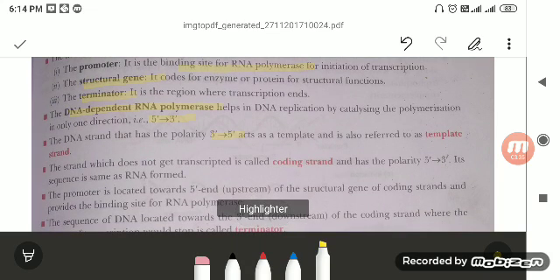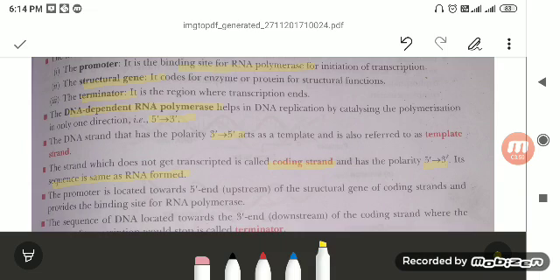And opposite to that, the strand which is not transcribed is known as the coding strand and has a polarity 5' to 3'. Its sequence is the same as that of the RNA, except that T is replaced by U in RNA.